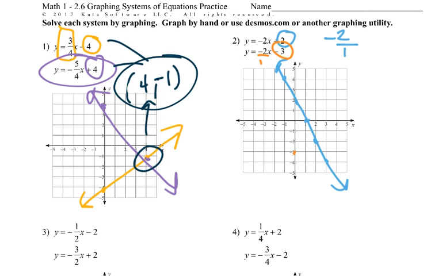Another slope of negative 2 over 1, which should tell us right off the bat these guys are going to be parallel because they have the same slope. So when they have the same slope but different y-intercepts, they end up being parallel, which means no solution or inconsistent.